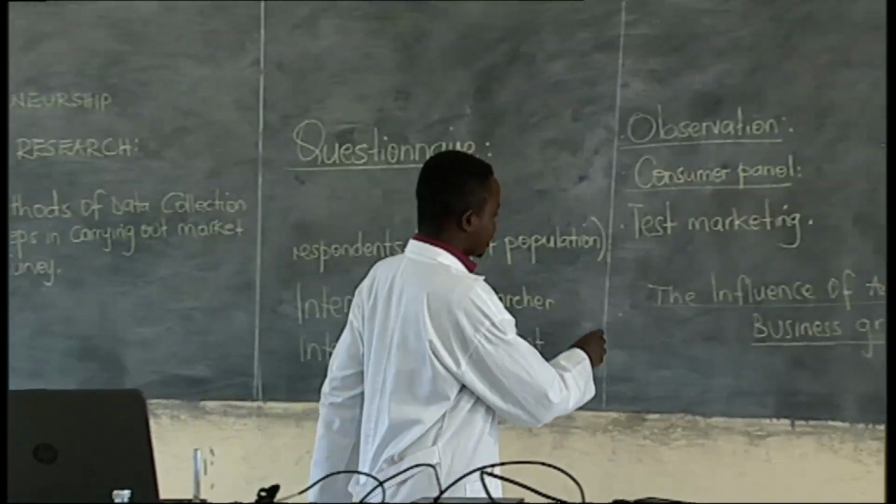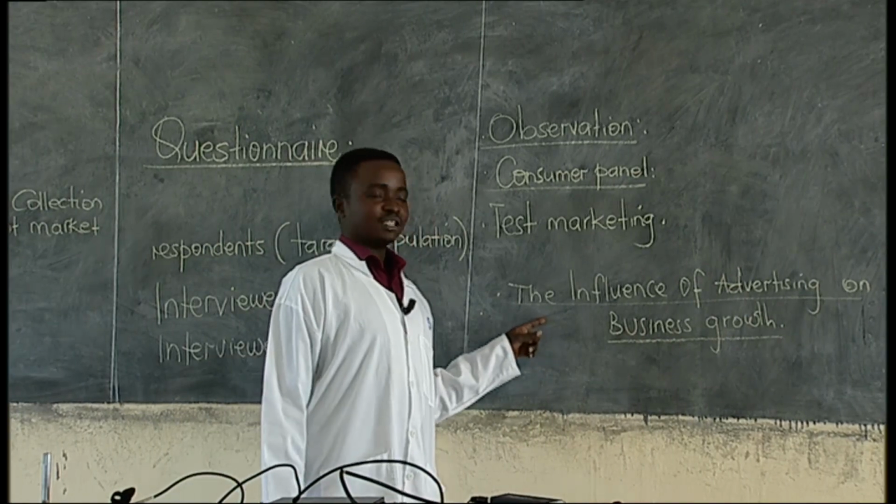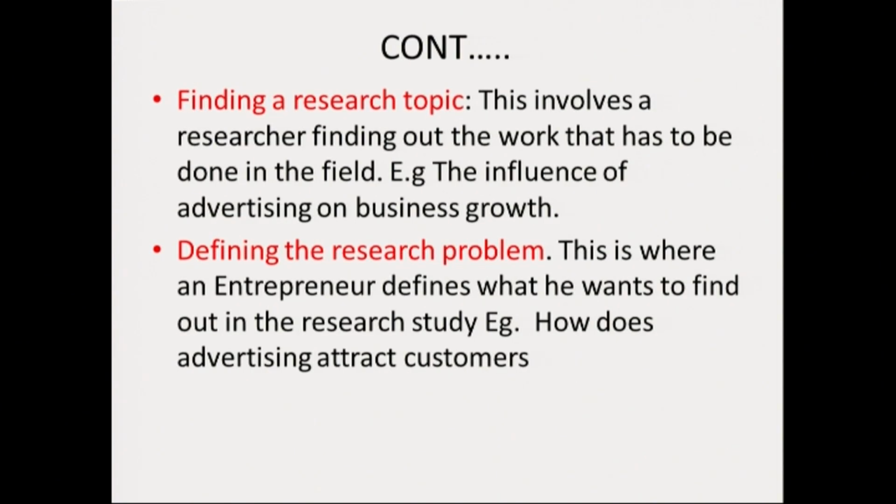In this case, learners, you may tell me what is the dependent variable and what is the independent variable for your topic to be really very good. We want to establish the influence of advertising on business growth. So what is the dependent variable here and what is the independent variable?